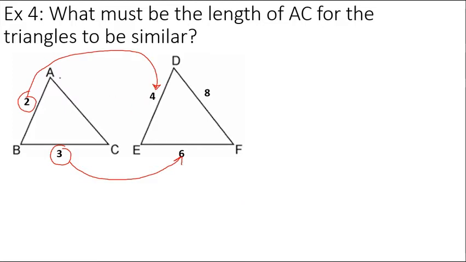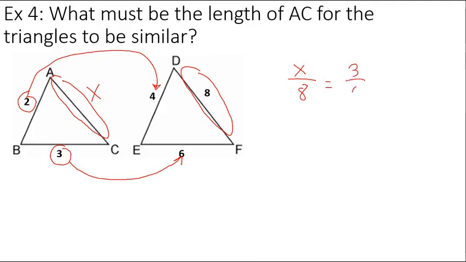So that means that this value here, AC, goes with the 8 right here. I'm just going to call this side X, since I don't know what that is. So I'm going to start off by putting X over 8. And I'm just going to pick 2 other sides. So I'm going to say 3/6.